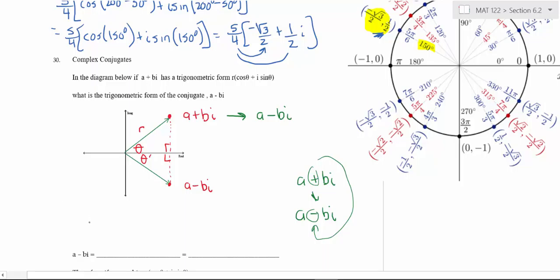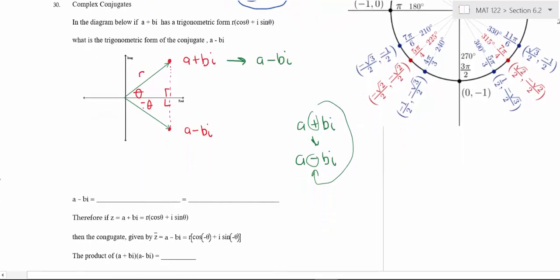Well, if this is theta, that's just going to be negative theta. So I'm going to have you replace that angle with negative theta, because you're going clockwise. So it's just as easy to write that angle like that. And that's all we need to develop a formula for a complex conjugate.